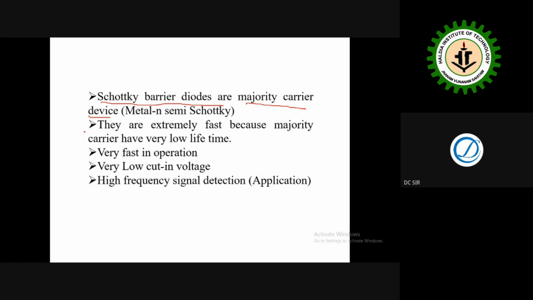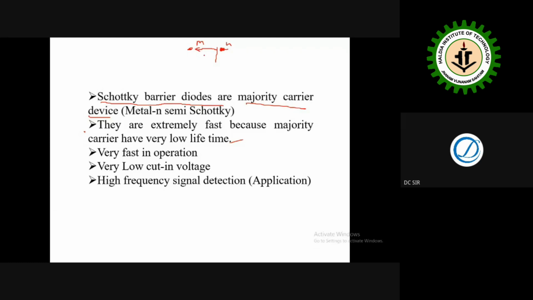Number two, they are extremely fast because majority carriers have very low lifetime. Why low lifetime? Because one side is empty and another side is fully occupied in the conduction band, the n side, and this side is metal. Then it is drained out by the emission.